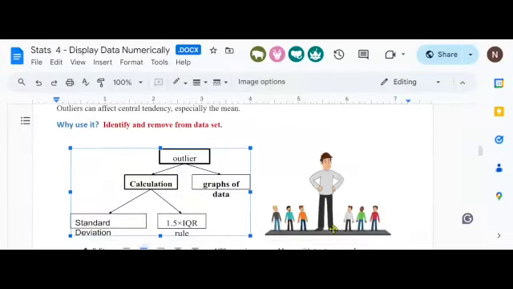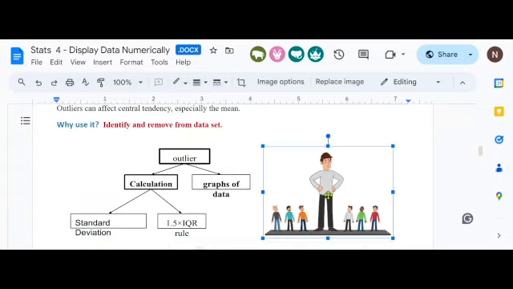So take a look at this picture. Is this representative? Look, the outlier is affecting everybody else, right? So how can I calculate outliers? We have 2 methods. The first method is by graph of the data, and then you can remove that outlier. The other is by calculation. We can do it by standard deviation or interquartile range.